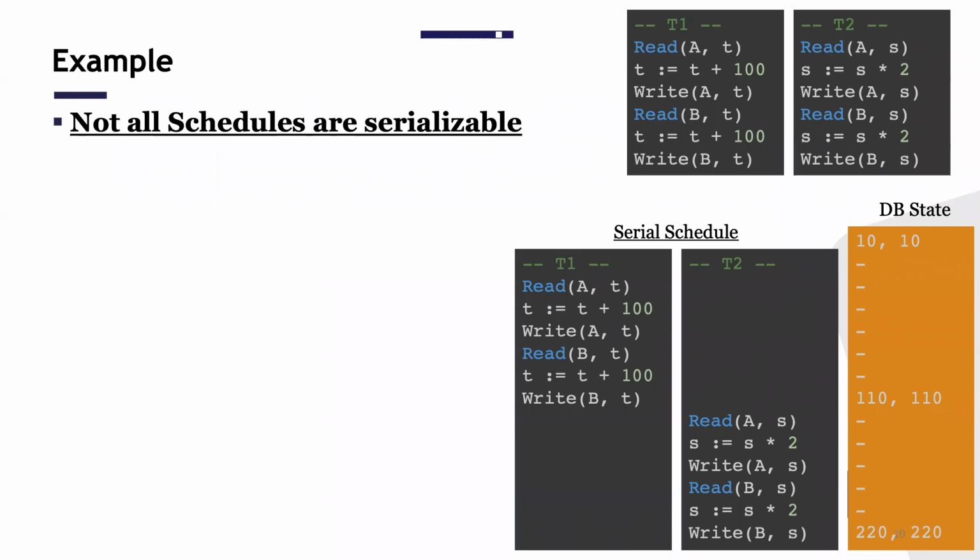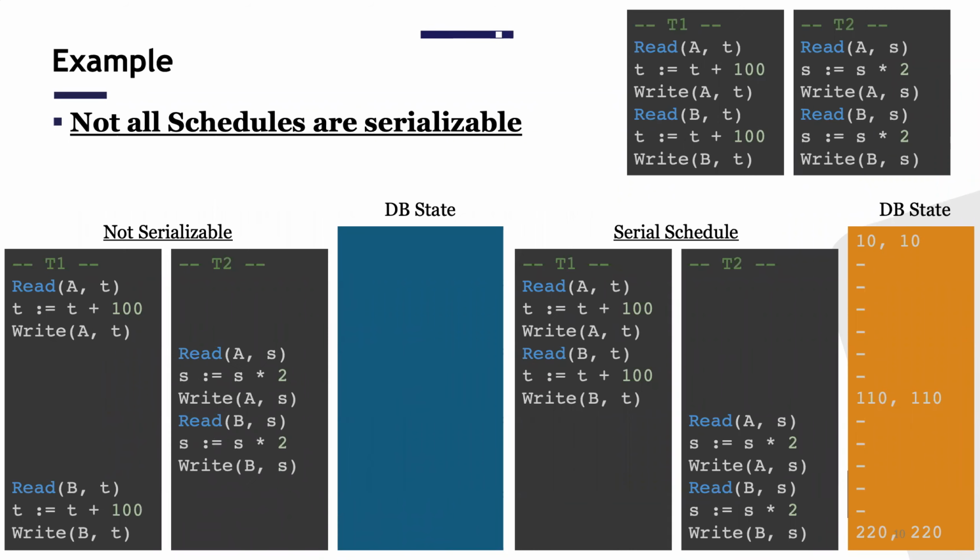Of course, not all schedules are serializable. So this is just another example. I could mix the instructions in different ways. I could run the first 3 instructions of T1 first, then run the whole T2, then run the rest of T1. If you do this, starting from a database state where A equals B equals 10, what would you get? You are going to get 110 and 10.